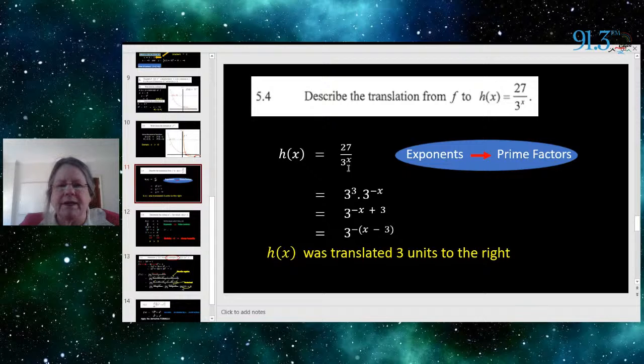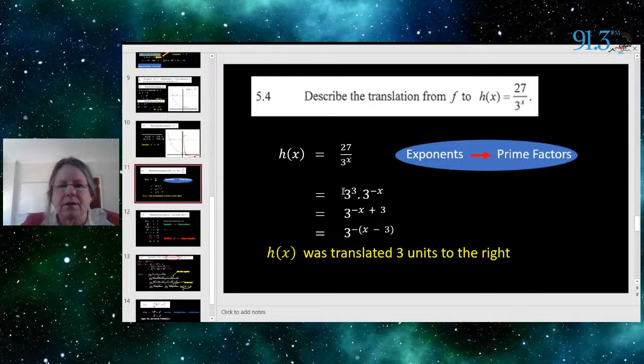So 27 becomes 3 to the power 3 times, and what I've done, if you move this to above the line, the sign in front of the x changes. So that is how I got 3 to the power negative x. Basic exponent rules.